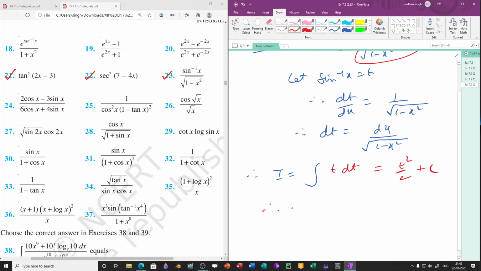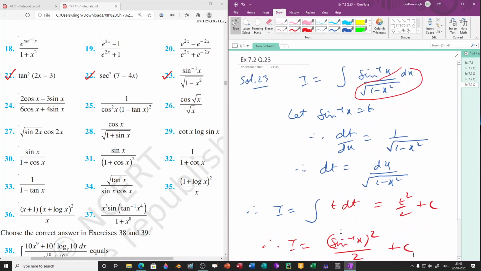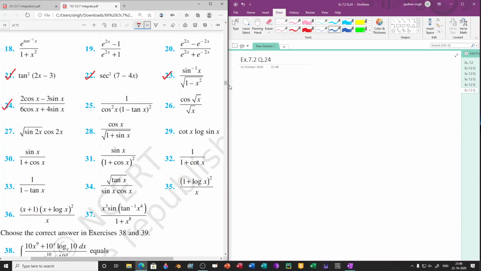So therefore I equal to sine inverse x whole square by 2 plus c. So this is the answer of question number 23. With this 23 is also complete. Exercise 7.2, question number 24.